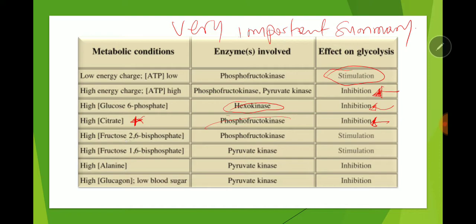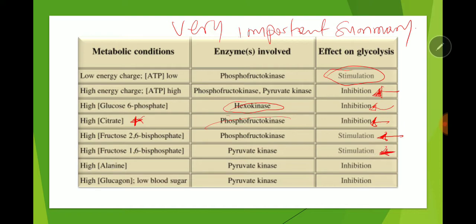This fructose 2,6 bisphosphate is not, I repeat, is not produced in glycolysis. However, when it's available, especially in the liver, it increases the activity of phosphofructokinase. So glycolysis is stimulated. If you have high fructose 1,6 bisphosphate, pyruvate kinase is stimulated, so glycolysis is stimulated, right?